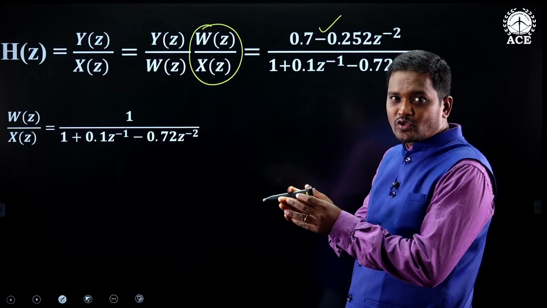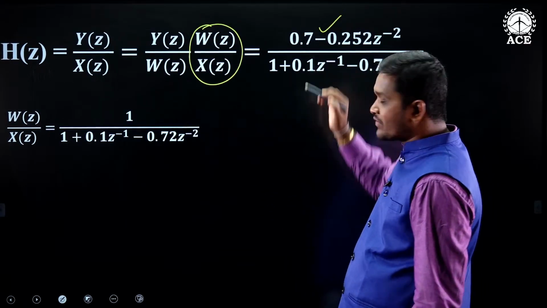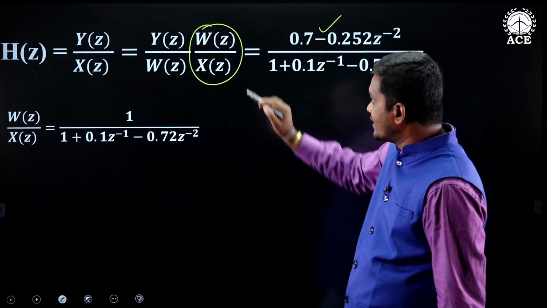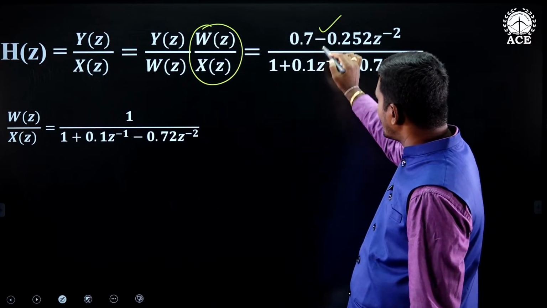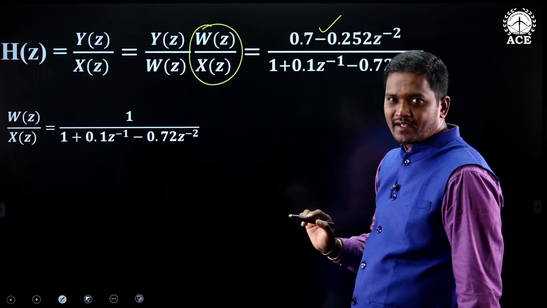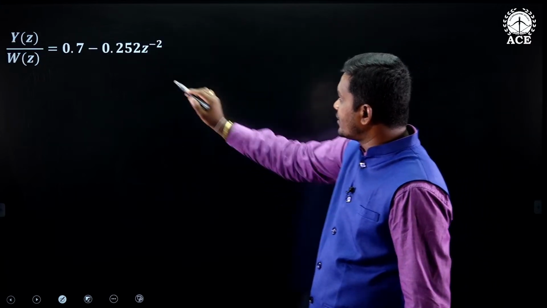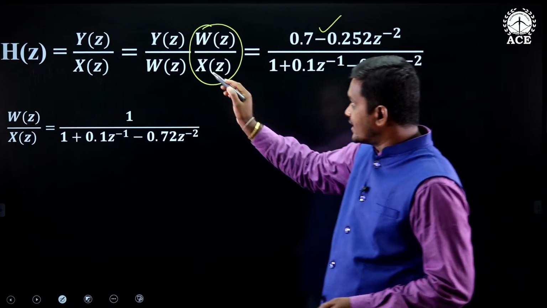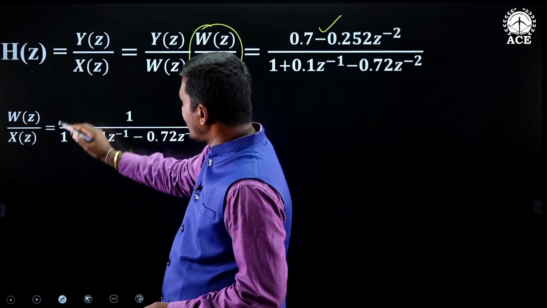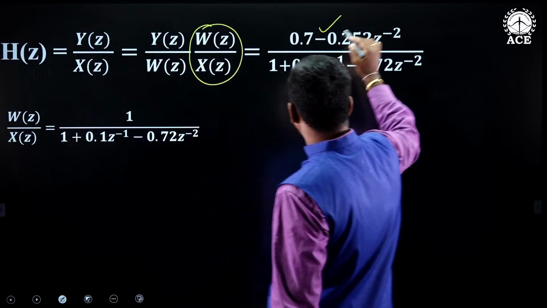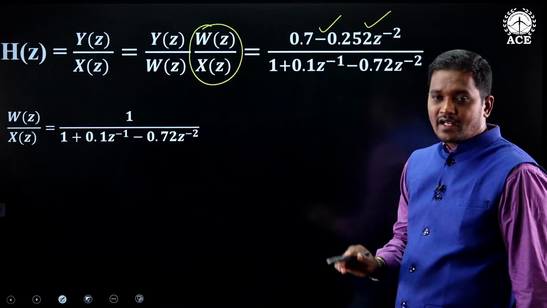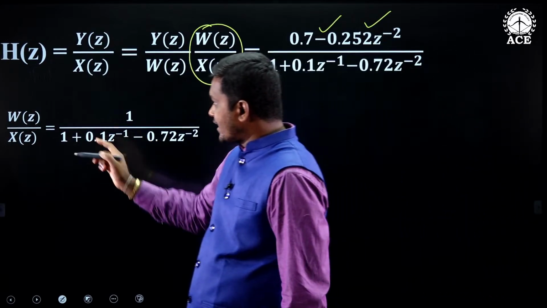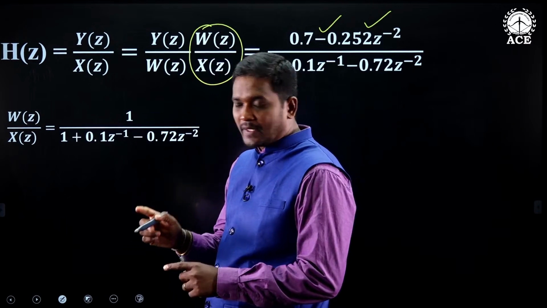If I multiply those two again, you are going to get this fraction, or not? Once again listen here: w of z by x of z is 1 divided by the denominator, and y of z by w of z is the numerator. If you multiply y of z by w of z and w of z by x of z, you will get the same fraction, okay?